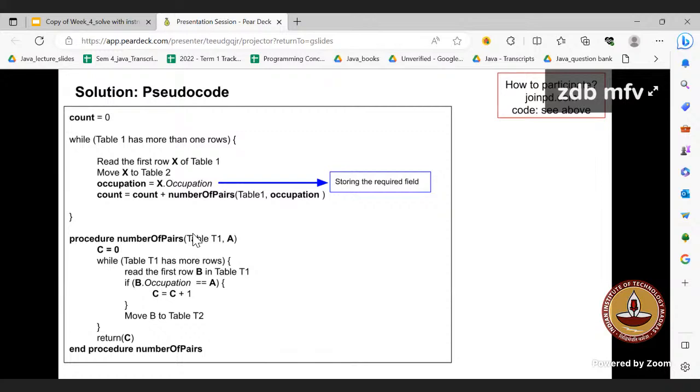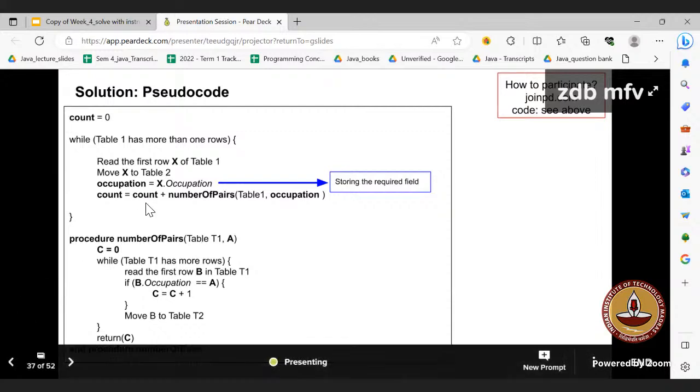Okay, this is what is there in week 4, finding the number of pairs. To find the number of pairs, we can do that in multiple ways, either by using binning, by using the procedure, or without the procedure also we can simply use 2 while loops.